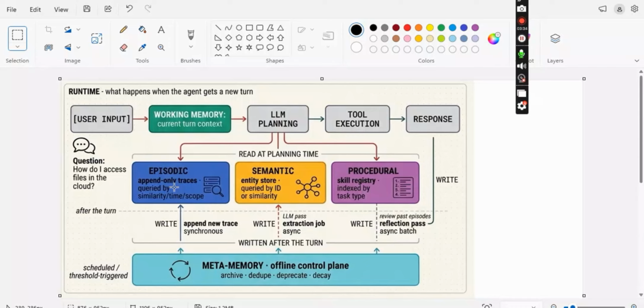And meta memory is an offline control plane which manages all these 4 through archival: as more information comes in, it is archived and stored. Deduplication removes duplicate information. Deprecation means if something is outdated, it is deprecated.